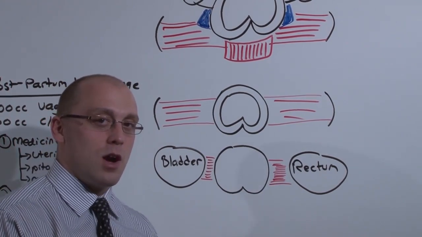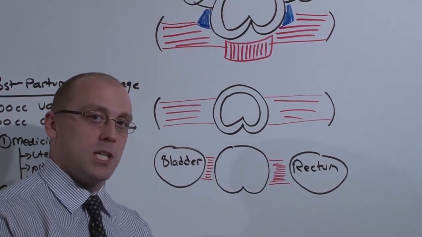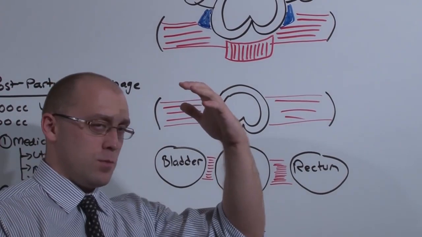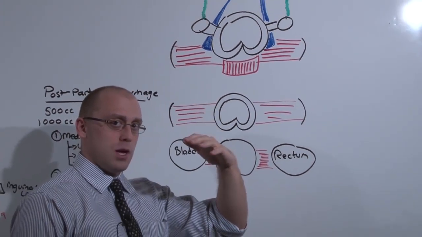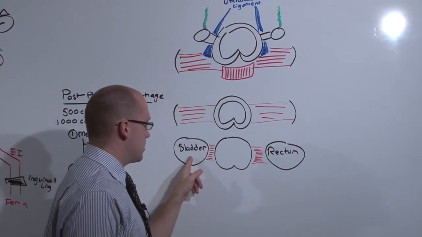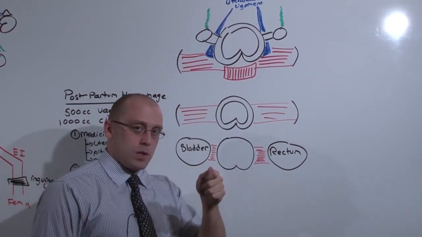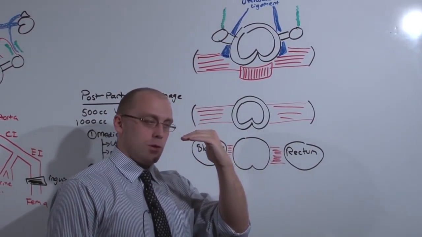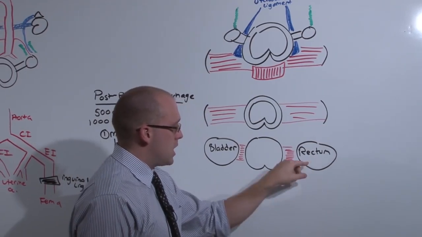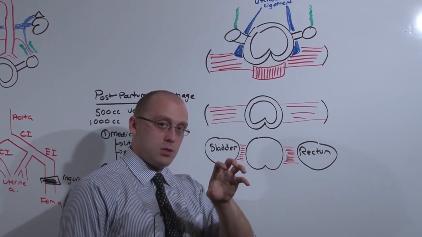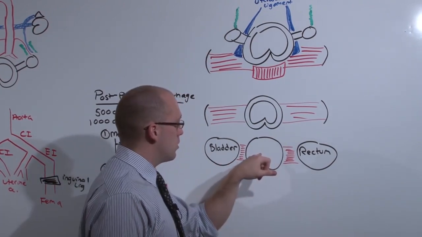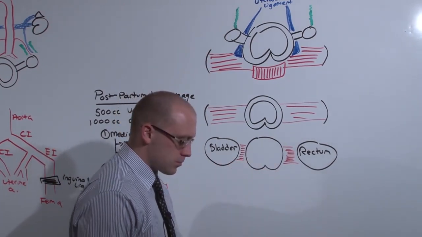And these diseases are not hard to spot. You'll do a speculum exam and you'll have a structure coming in from the anterior. Since the bladder is anterior, if you have something falling into the bladder, well, you'll know that's a cystocele. If you do a speculum exam and something's coming up from the posterior, that's a rectocele. And if you see the cervix too close for a normal vagina that's coming straight at you, that's a uterine prolapse.